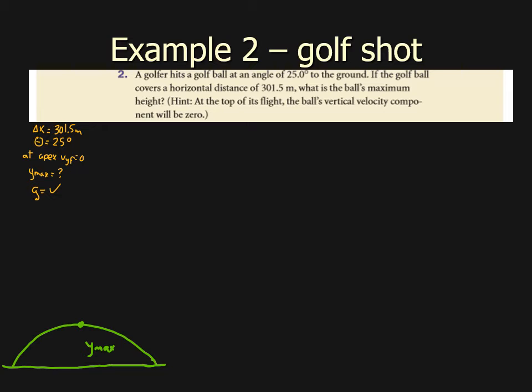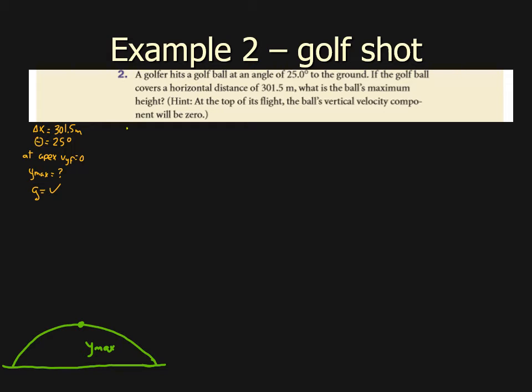So with this one, I already have my givens all listed down, and I have my y max with a question mark. I forgot to put gravity down, so I just wrote g with a check mark because I know gravity. And where do we want to start? Well, let's take the hint and remind ourselves of what it is saying.